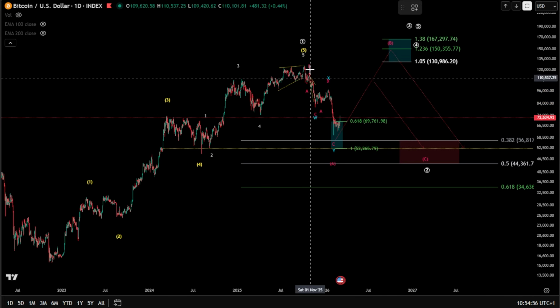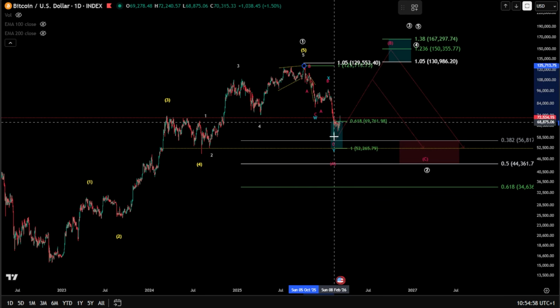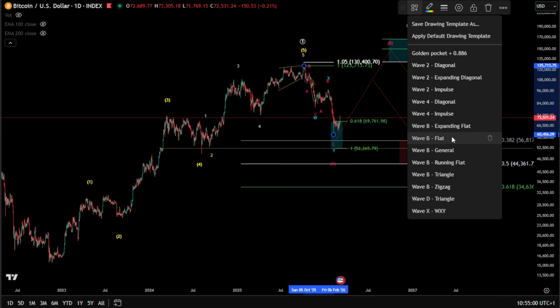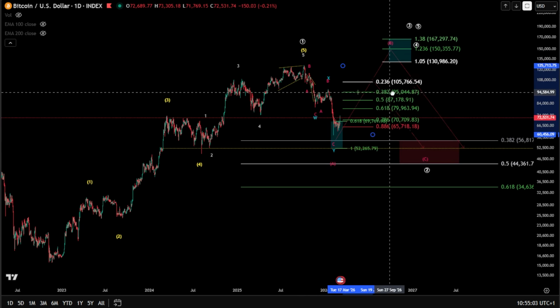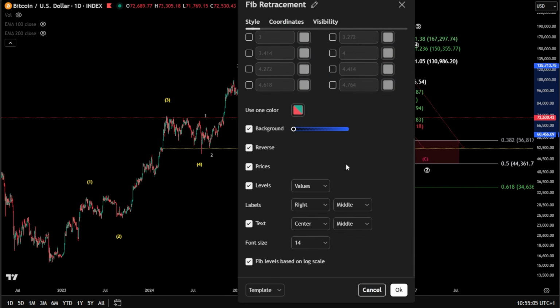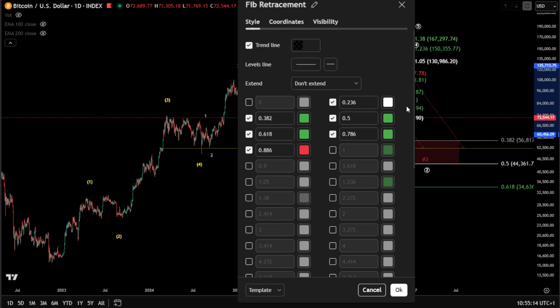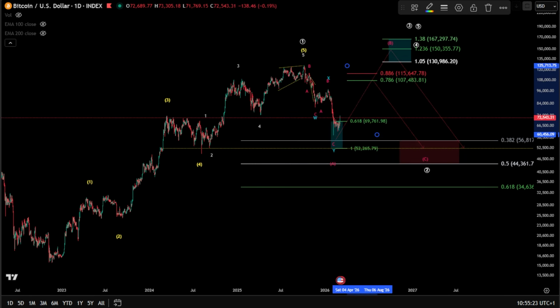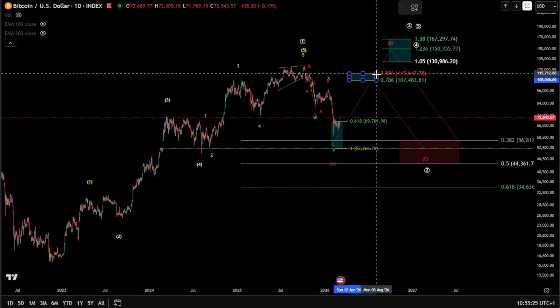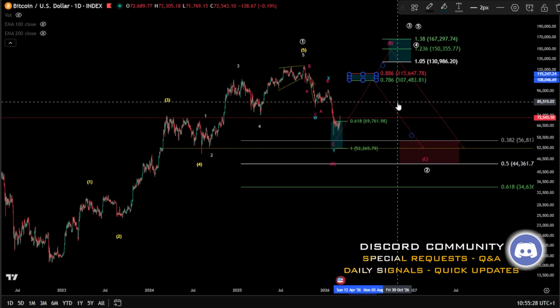But the wave B normally has general fib levels, so it's not like it can hit anywhere for a wave B. Within a regular flat, you might see between the 0.9 and the 0.7. So I would say the best price for a regular flat can be around this area, guys, between the 0.886 and 0.786.